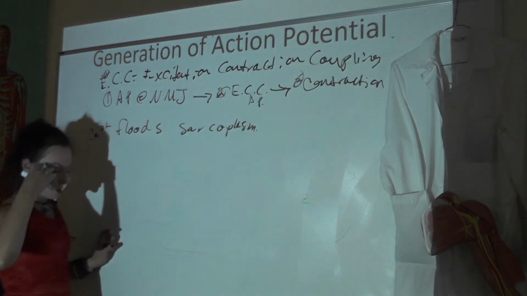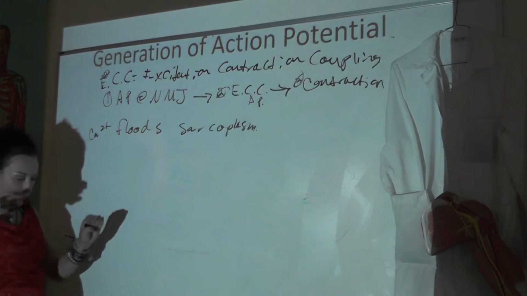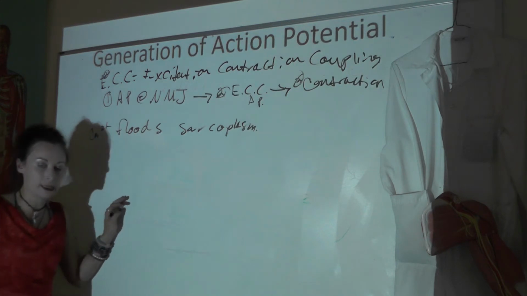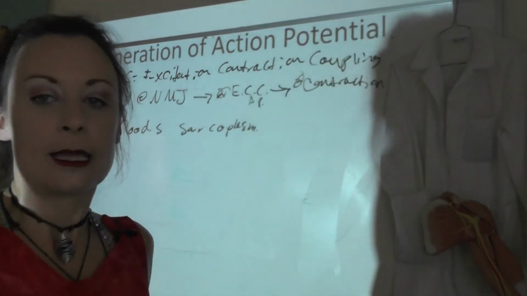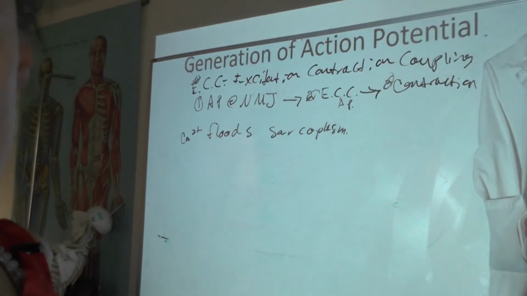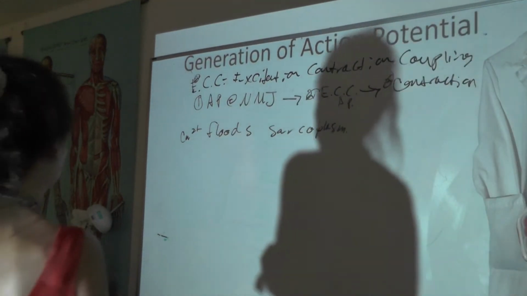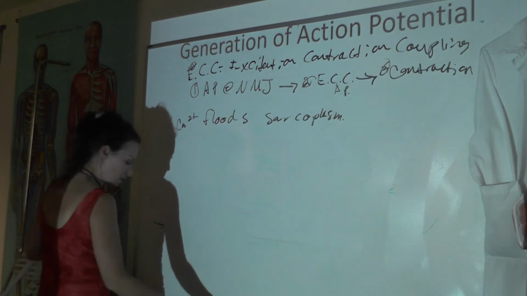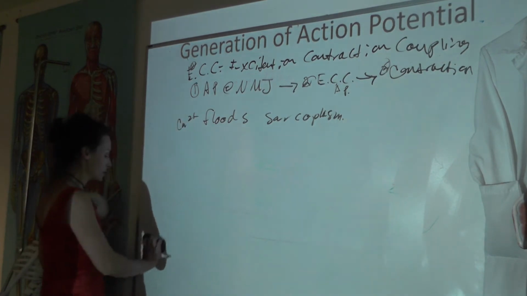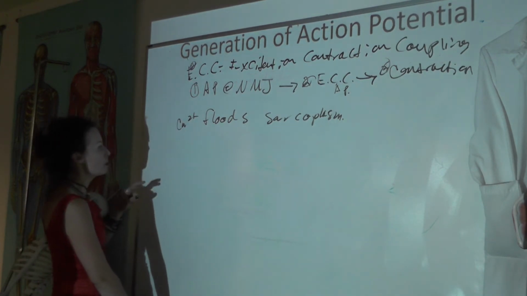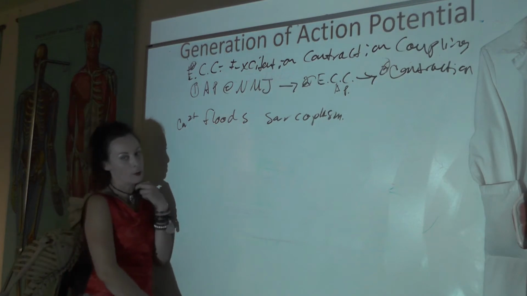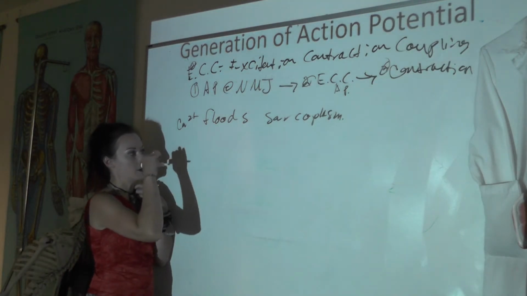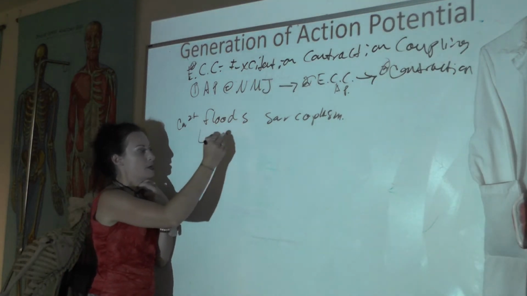Now zoom back in your memory to when we were talking about myofibrils and myofilaments, and we said that calcium was going to bind to what to do what? Calcium is going to bind to troponin to move the troponin-tropomyosin complex. So calcium is going to flood the sarcoplasm.